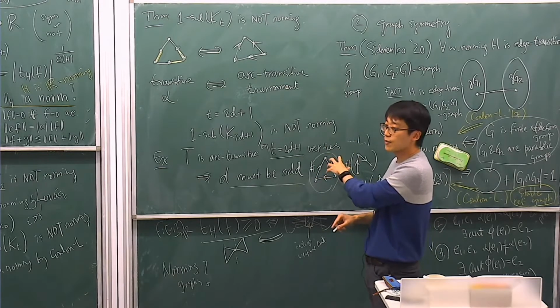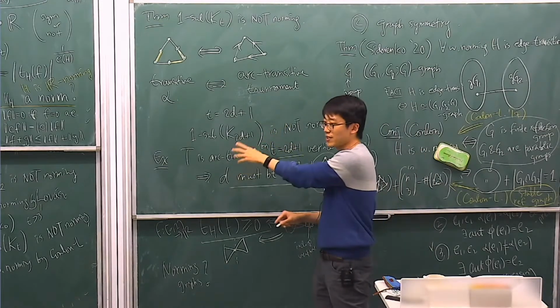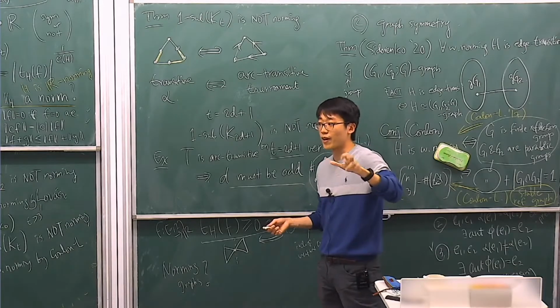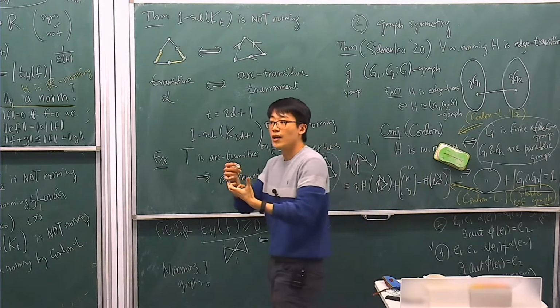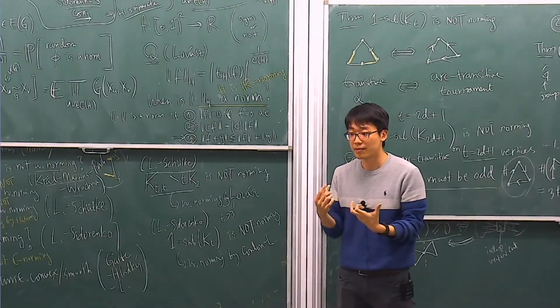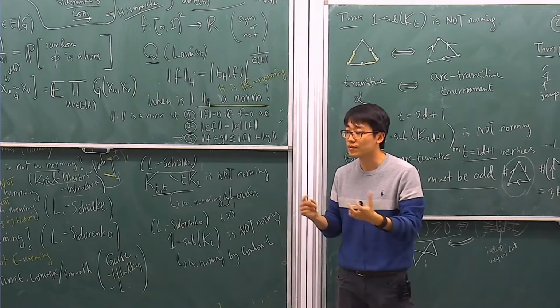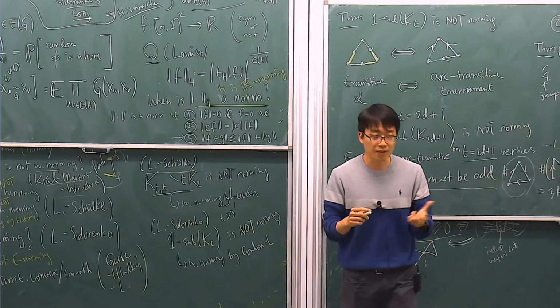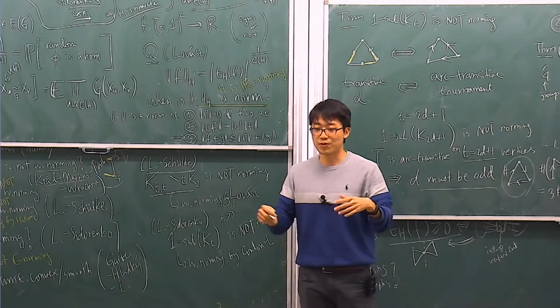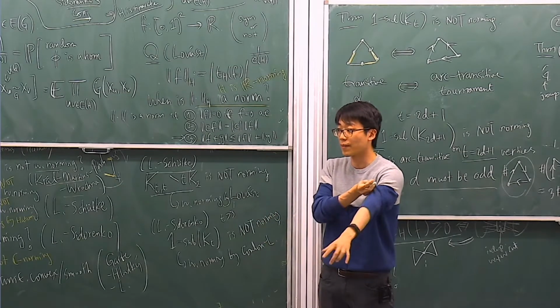And then if your tournament is arc transitive, you can divide it out by the number of arcs, because every arc must extend to the same number of directed 3-cycles because of the symmetry. And that gives you this fact, d must be odd. That gives you further reduction.